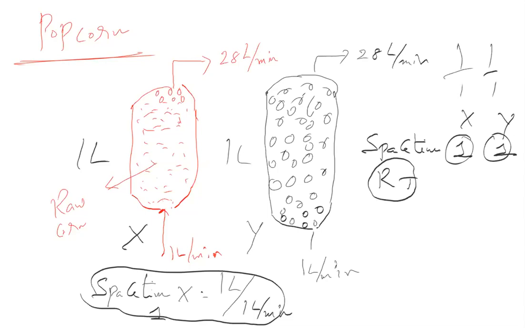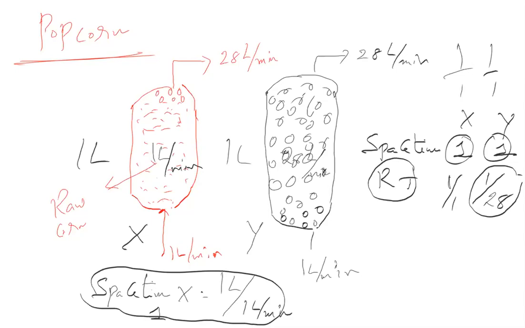Now when it comes to residence time, for X it is 1 by 1, because the volumetric flow rate is still 1 liter per minute, no? But inside the reactor, what is the flow rate here? 28 liters per minute. So for the second example, residence time is 1 divided by 28. What is the definition we have given for residence time?